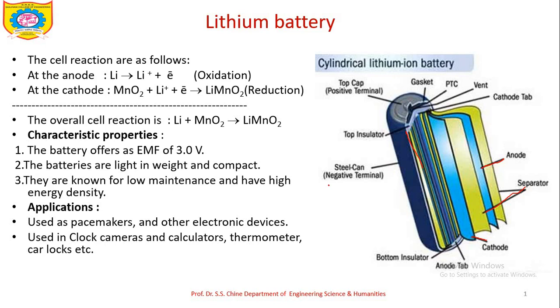All this is fixed in a steel can, and that steel can terminal acts as the negative terminal, the anode. Then the top is the positive terminal, acting as the cathode.